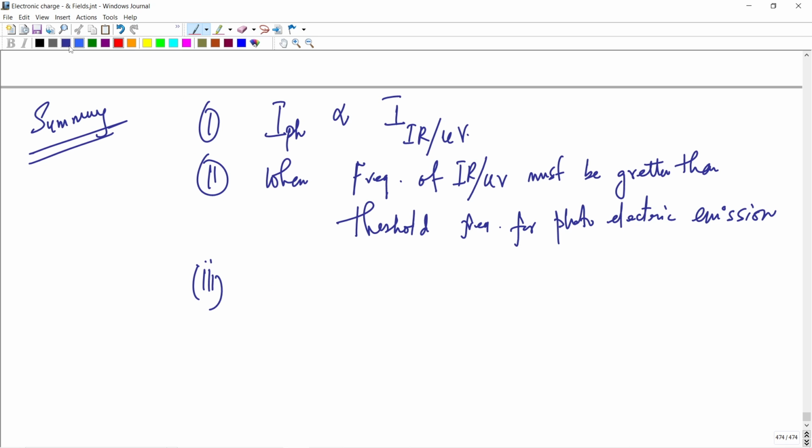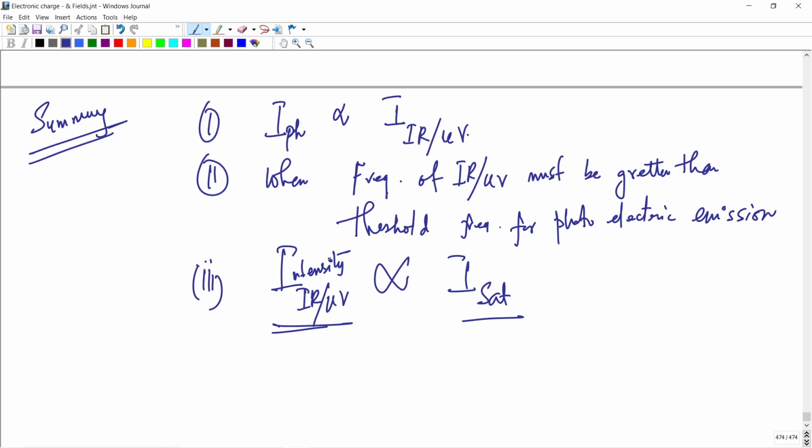And number 3, the intensity of incident radiation or UV ray is directly proportional to the saturation current. The more intensity you get, the more saturation current. But stopping potential V naught is independent of intensity.